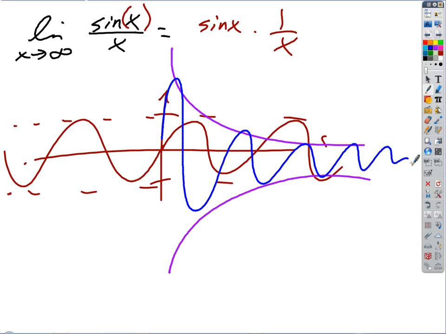You see how that works? And so it's still going to get pinched down to 0. It's just going to waver around 0, but if you go infinitely far out there, the wavers get infinitely small. Does that make sense? Kind of interesting, huh? Fascinating.